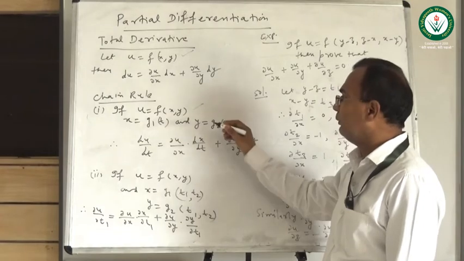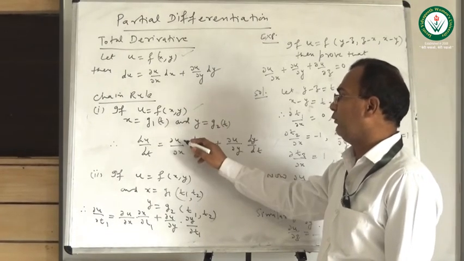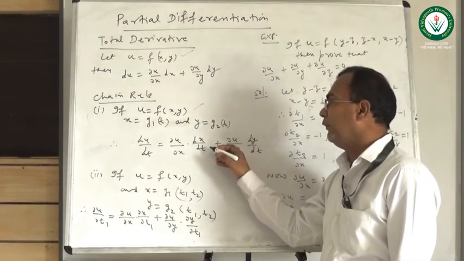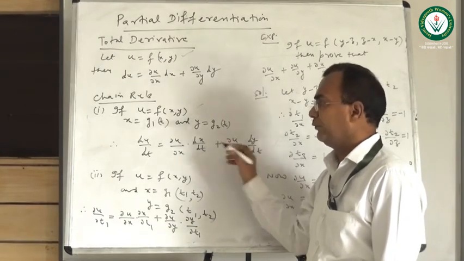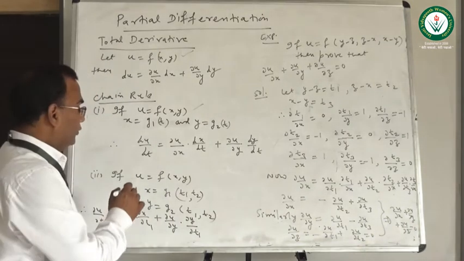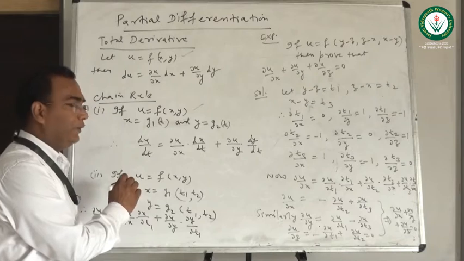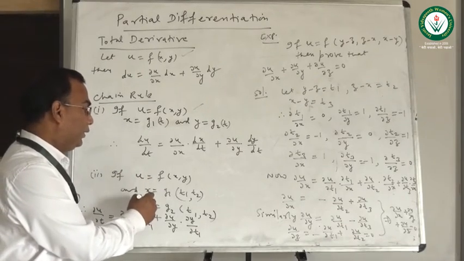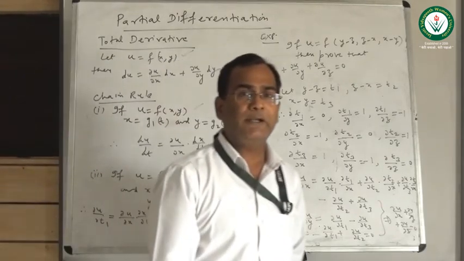Here the function u depends upon more than one variable, meaning x and y. Therefore, we have to write del u by del x and del u by del y, and then we have to differentiate the functions x and y with respect to t. And again, where u is a function of two variables x and y, and both x and y are functions of two variables t1 and t2.